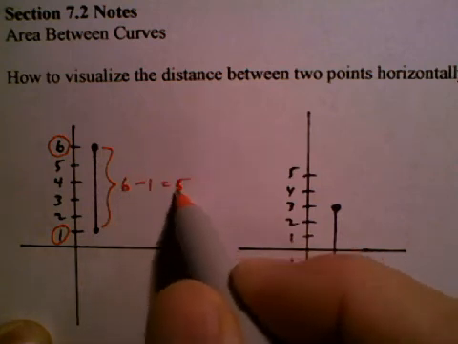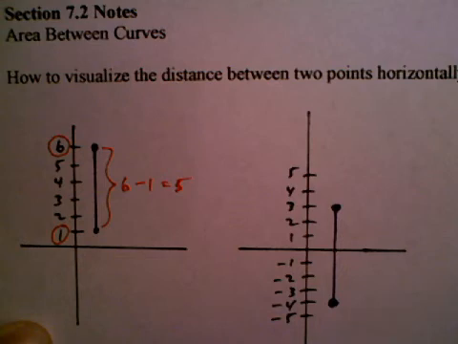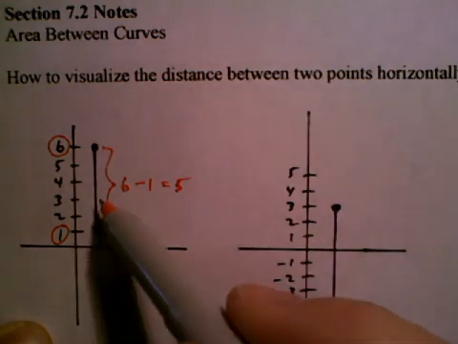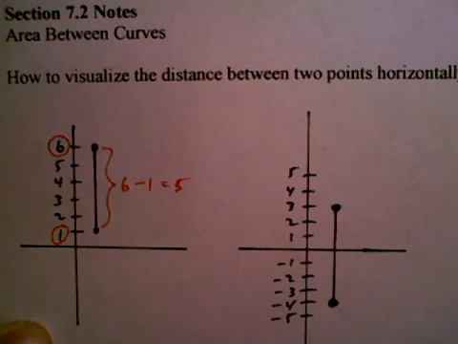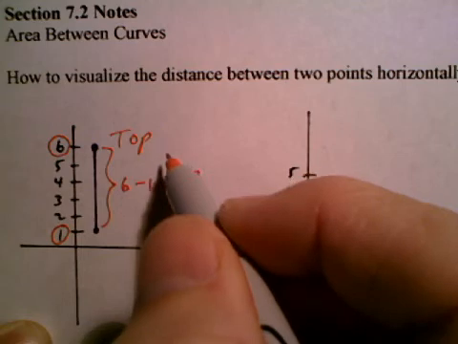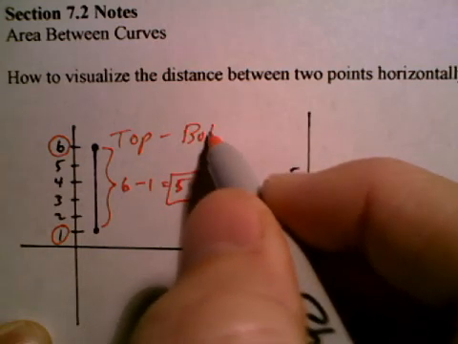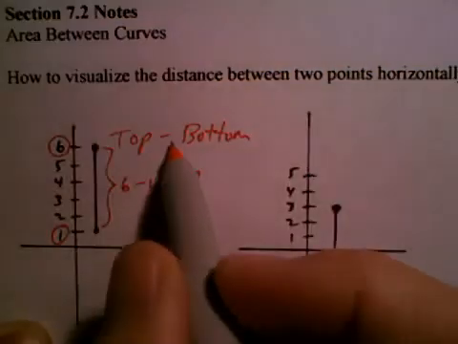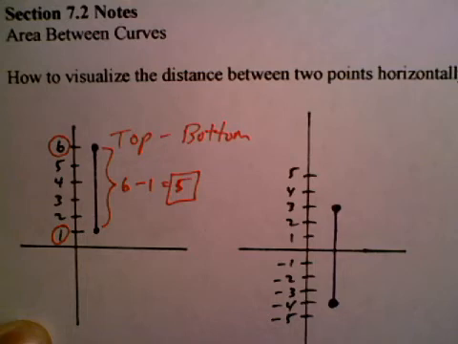Now I know you know that already, but when you don't have the numbers and you just have x's, sometimes students take the bottom number and subtract the top number. You don't want to do that. You always subtract the bottom number from the top number. So it's top minus bottom.